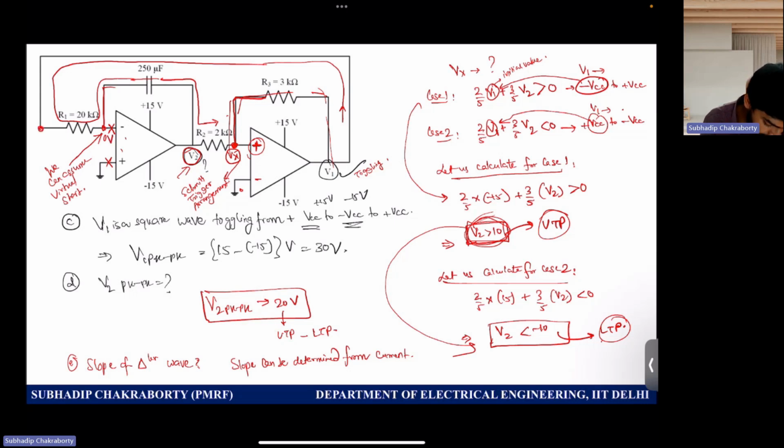And let us consider the rising edge where V1 is positive. So V1 positive means it is plus VCC. What you can write is plus VCC minus 0, obviously the voltage difference, divided by 20K, which is the current.